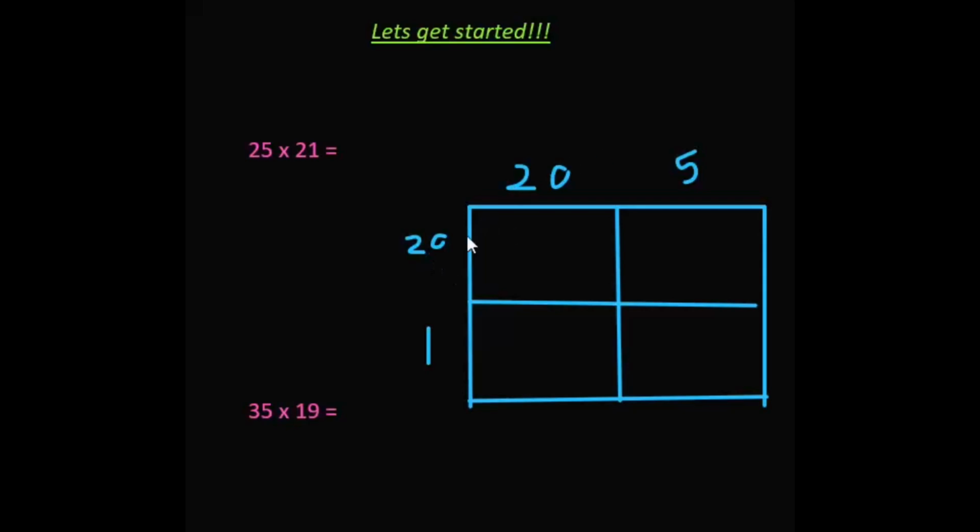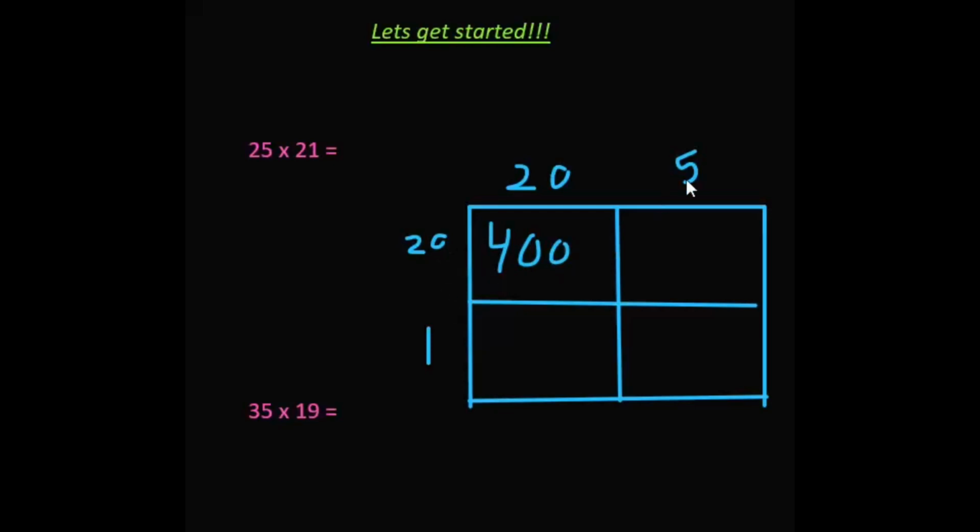Now we start multiplying. We have our numbers down, so let's start with the 20 and the 20. 20 times 20 is 400. So we can write down 400 right here.